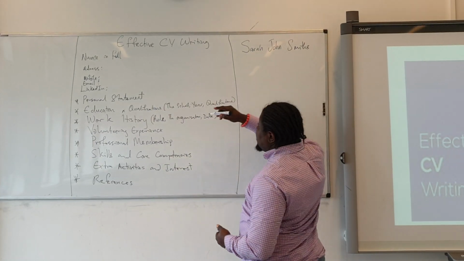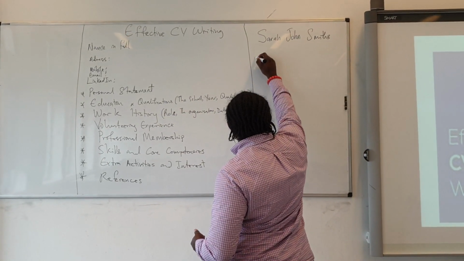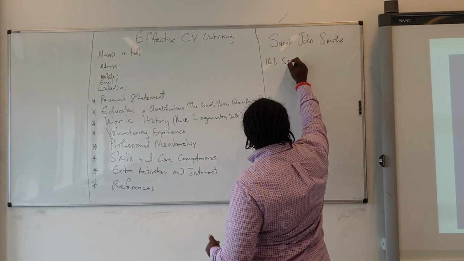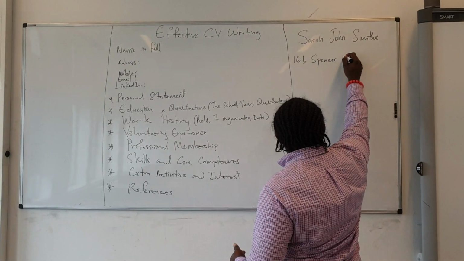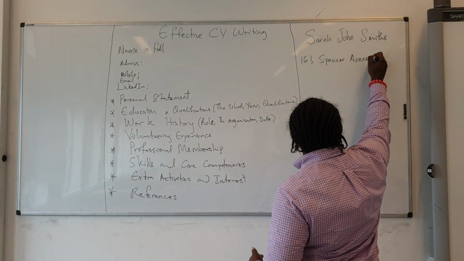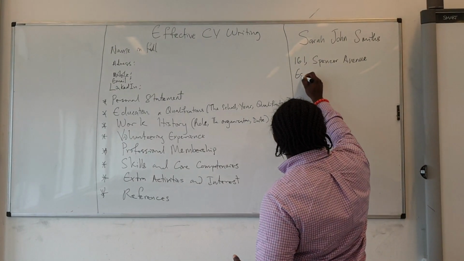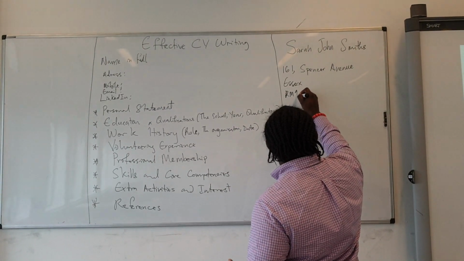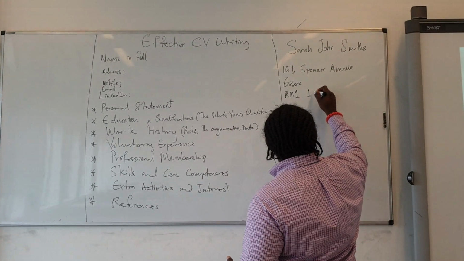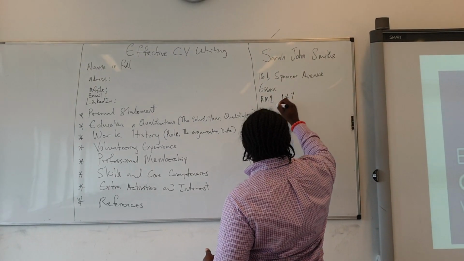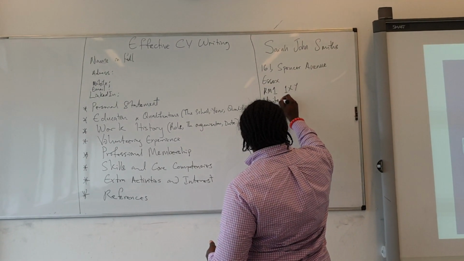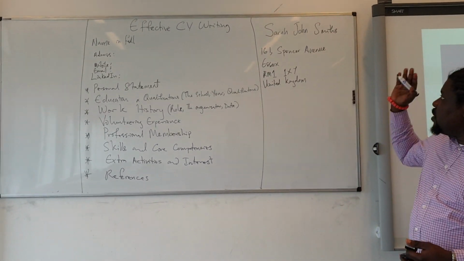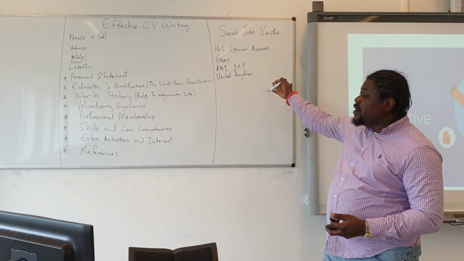Let's say this Sarah John Smith lives at 161 Spencer Avenue, Essex, postcode RM1 1XY, United Kingdom. As you can see, we have the name and the address on the CV.